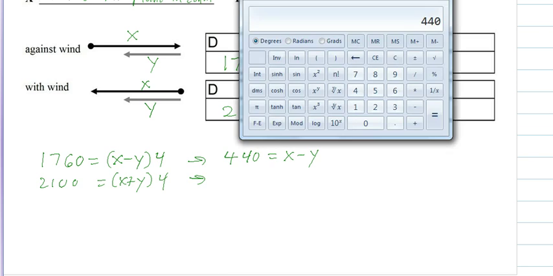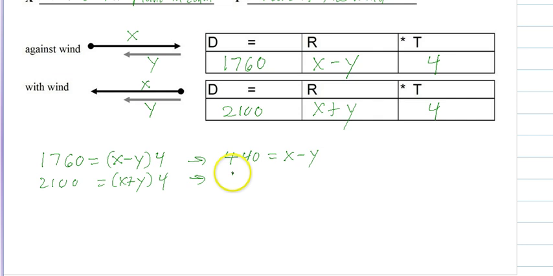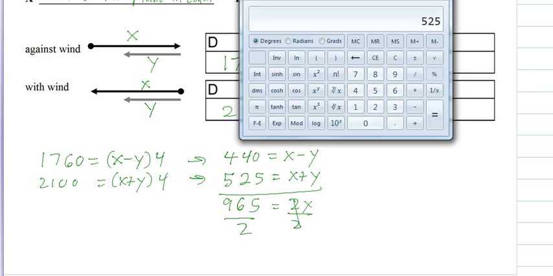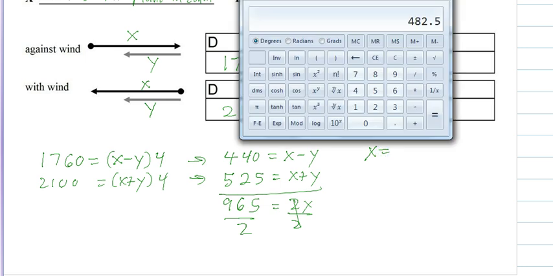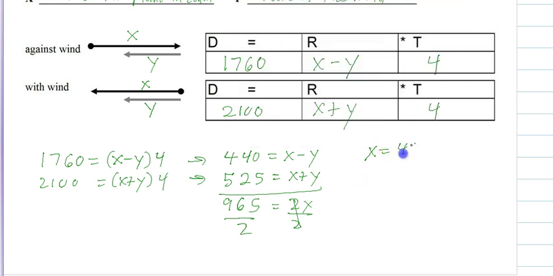And then the same thing, 2100 divided by 4 is 525. And you notice the y's are nice and clean. So we get 2x equals 965, divided by 2. So x equals 482.5.